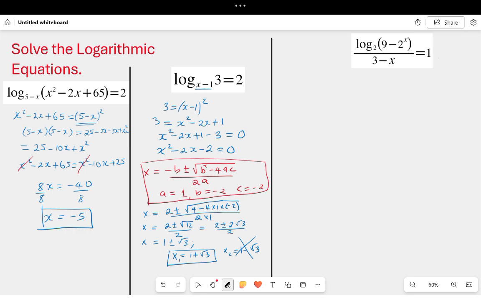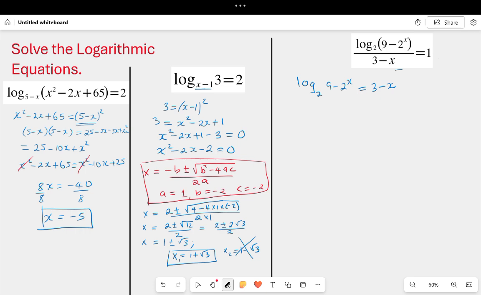Now, the first step for this question here is to get rid of this denominator by doing cross multiplication. So therefore, by doing cross multiplication, I'm going to get logarithm to base 2, 9 minus 2 to power x is equals to 3 minus x.